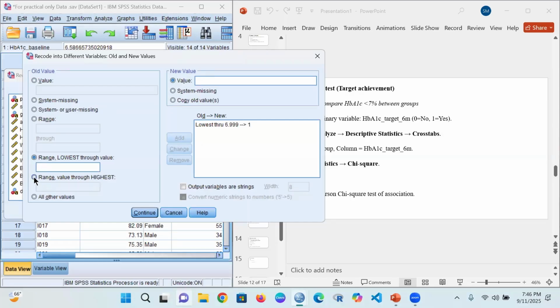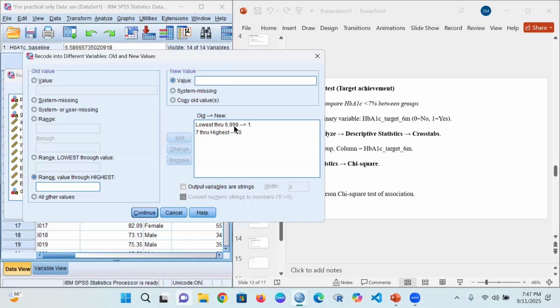Then you want the other range value, the highest: anyone with 7 and above, that one is now the highest. They have not reached our target. So we write it as 0, we add.